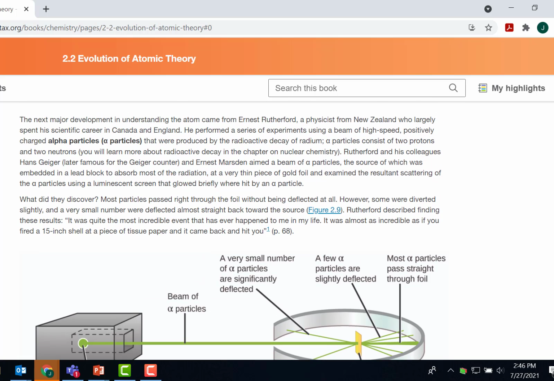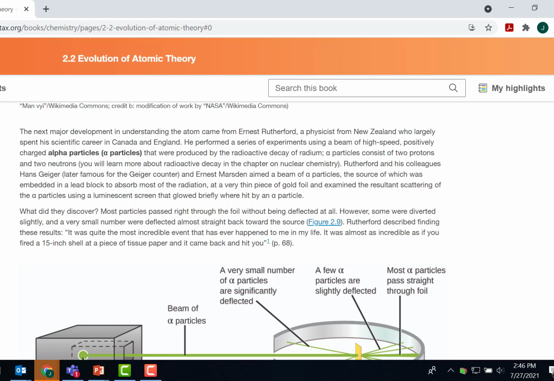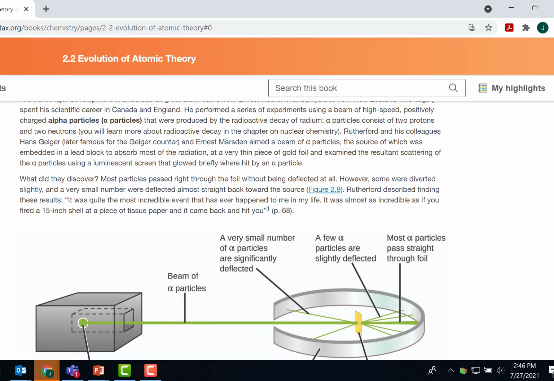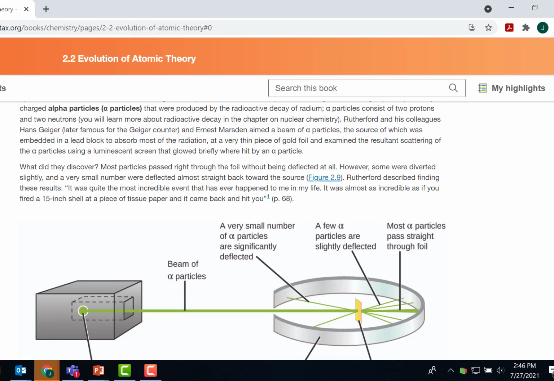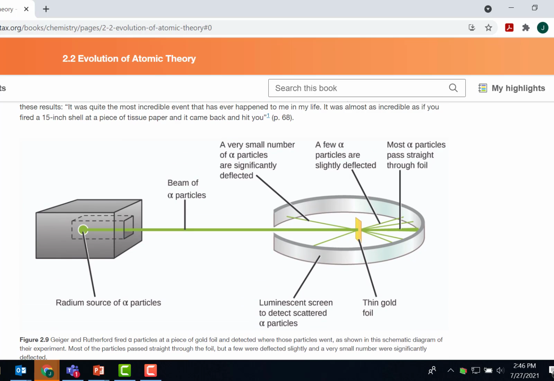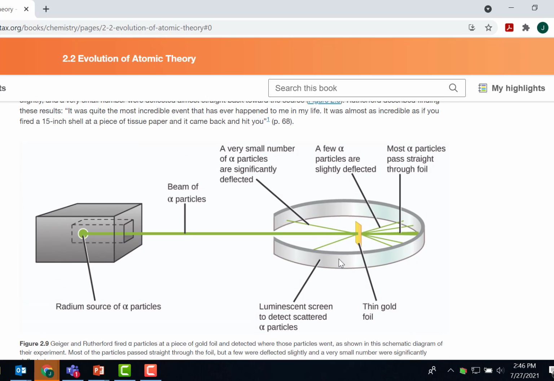They're much bigger than electrons, by much bigger I mean like thousands of times bigger, and they have a positive charge. So someone thought, why don't we shoot some alpha particles at a substance and see what happens?